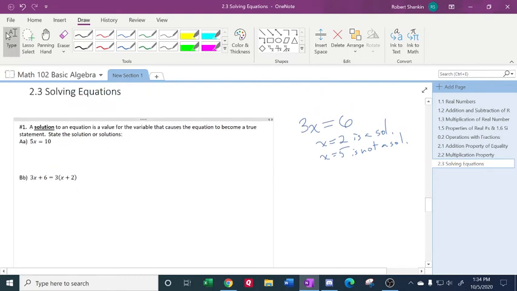Enter your solutions into your group chat. Put a little A and then the solution, B and then the solution. But don't enter them in quite yet. Type them up as you figure them out, but wait for my cue to hit enter into your group chat.